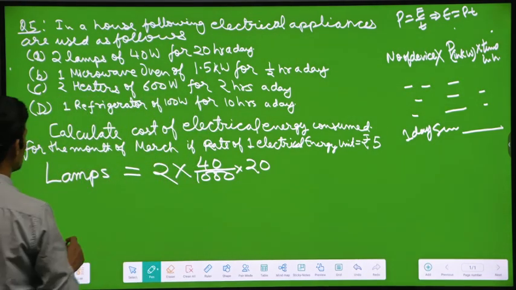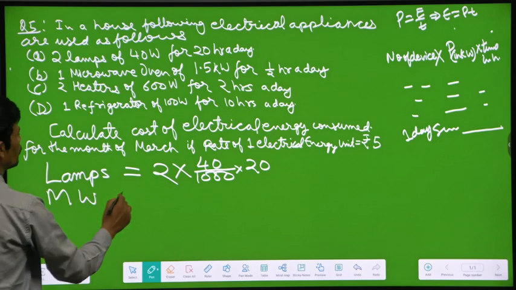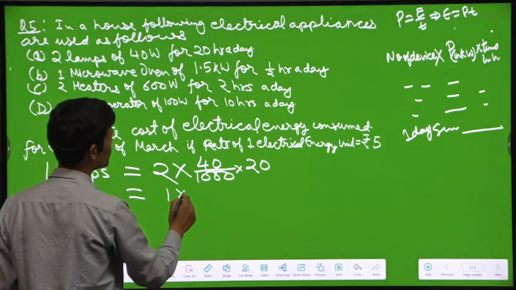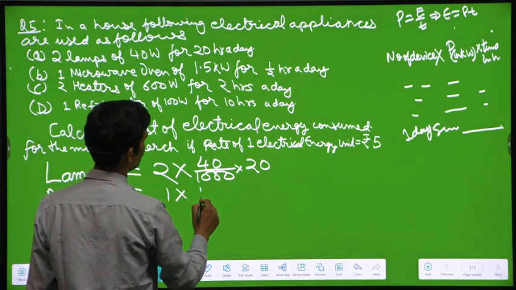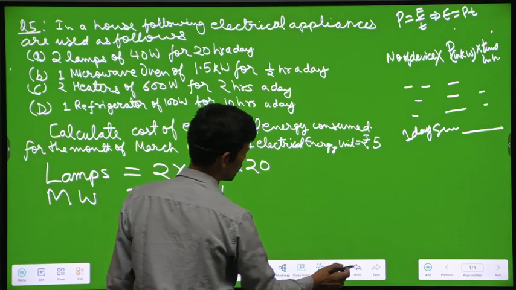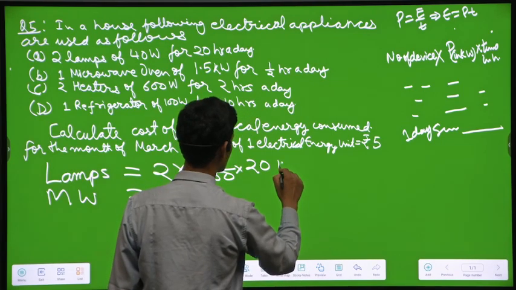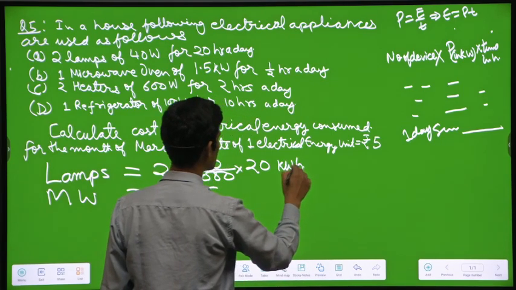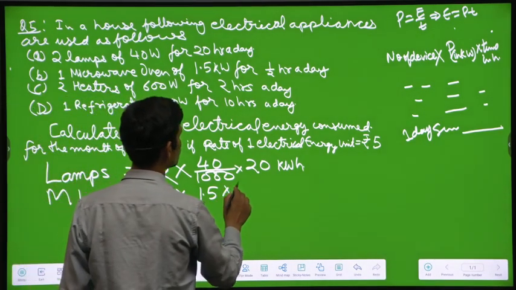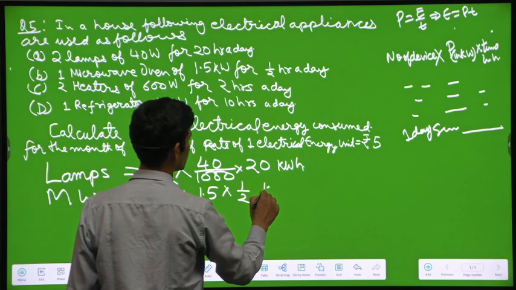Then there is a microwave, 1 it is, and 1.5 kilowatt, it is already in kilowatt, we are not changing it. For our understanding I'm writing kilowatt hour here, and it is used for half an hour.